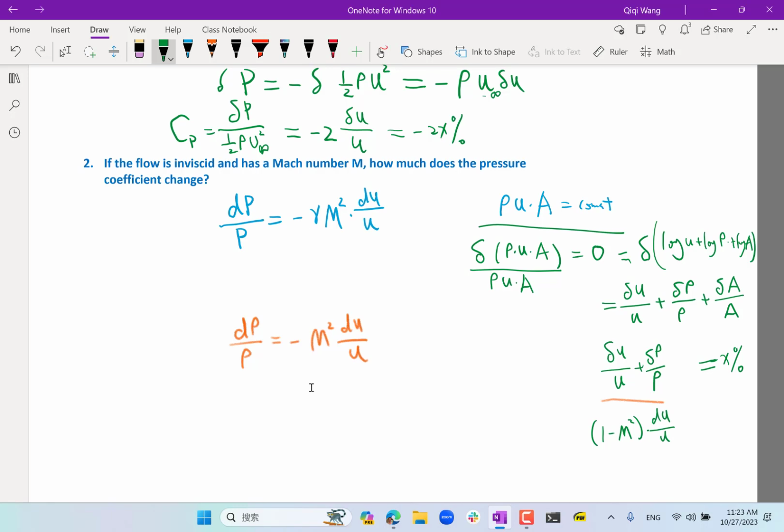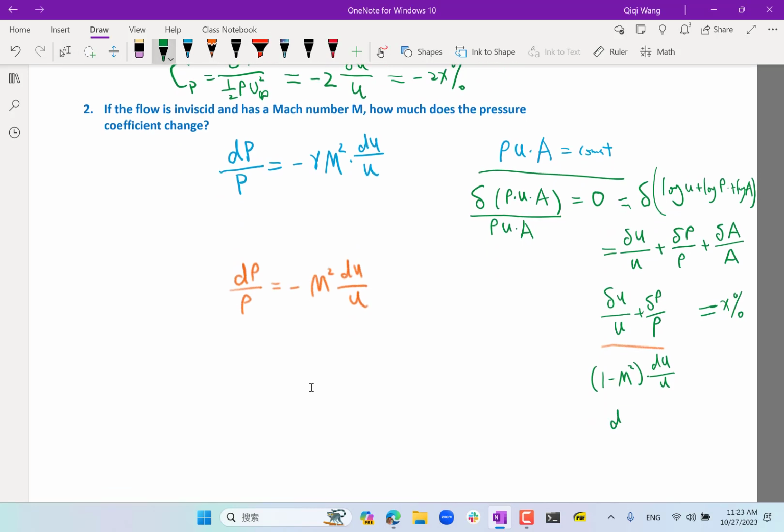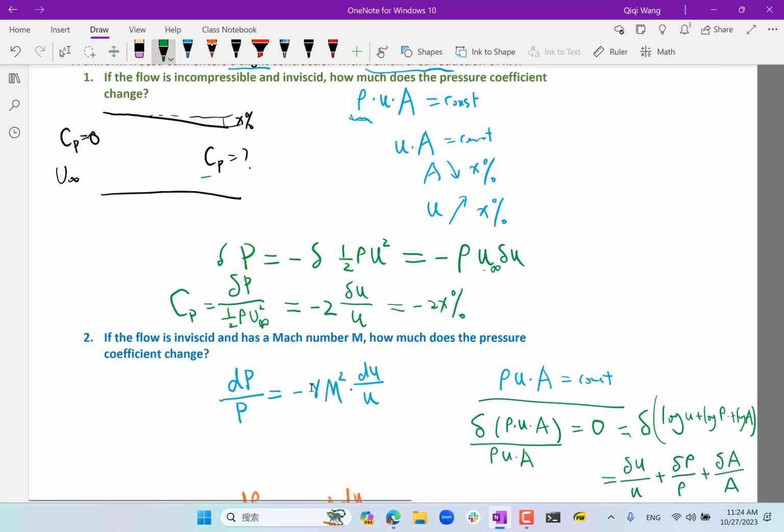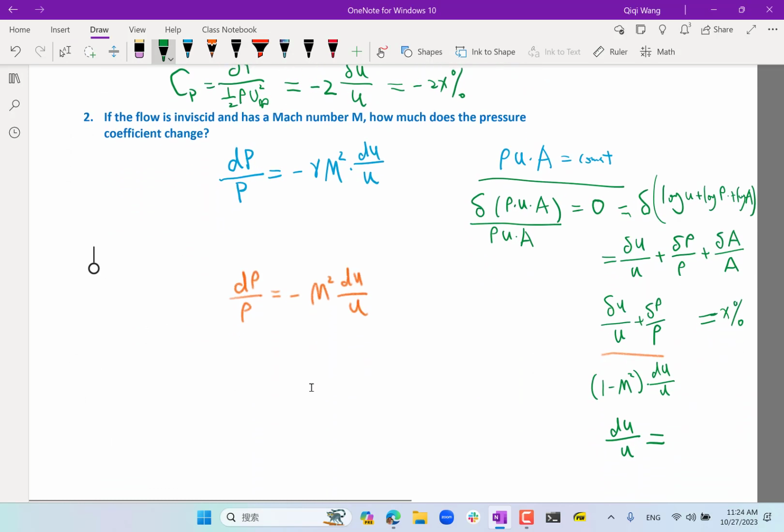Make sense? So now what we see is that upon a small contraction, du over u is not going to be equal to x% as we had in the previous case. It doesn't increase by just x%, but by x over 1 minus Mach squared %. So upon the same contraction, the higher the Mach number is, the more the velocity increases in relative terms.